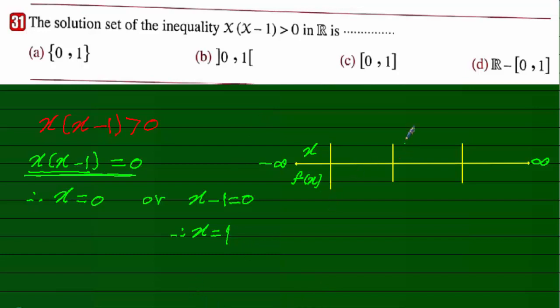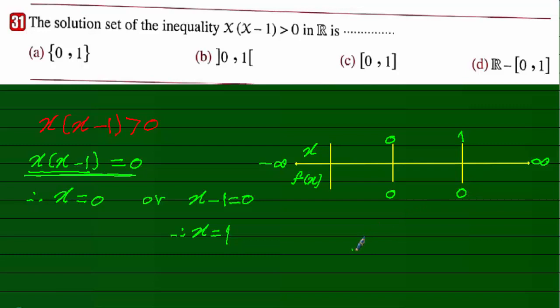Here put x equals 0, 1. f of x equals 0 when x equals 0, and when x equals 1, f of x equals 0 also.